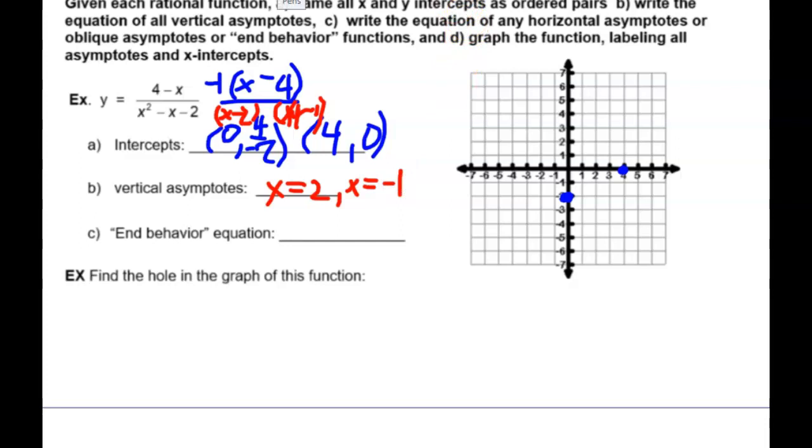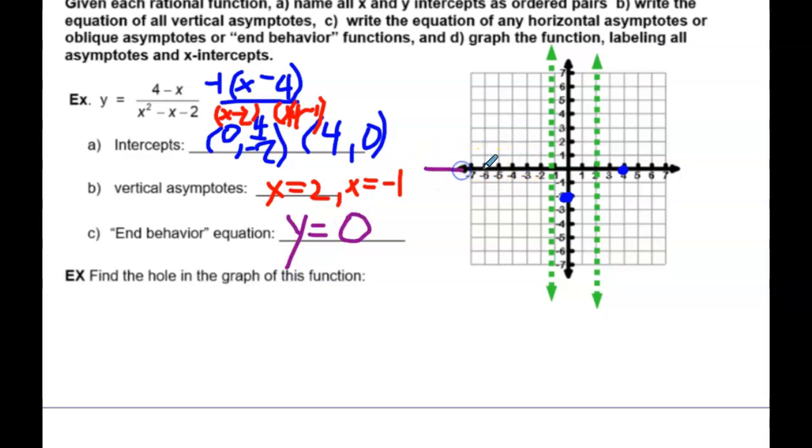Okay, so then we need to put in some lines, and thankfully I have a line tool. Okay, over here at 2 and over here at -1. This equation was also what? Bottom heavy? So if it's bottom heavy, it approaches y equals 0.